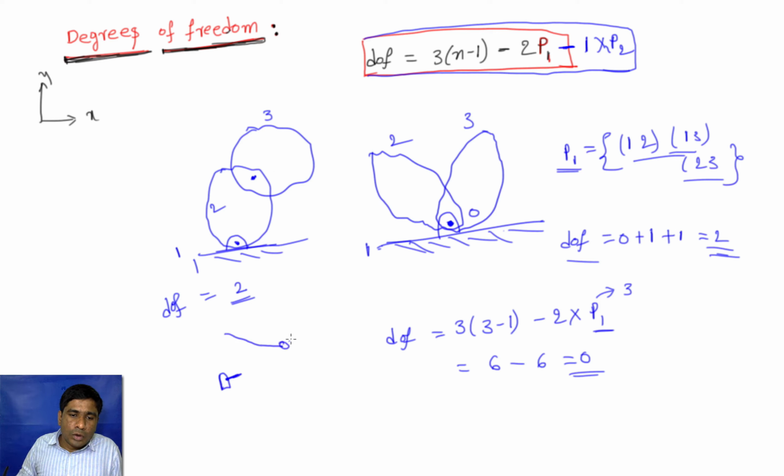Link 2 and link 3 are already connected and formed a pair with a hinge joint like this. So this is one pair, p1 equal to one pair here.